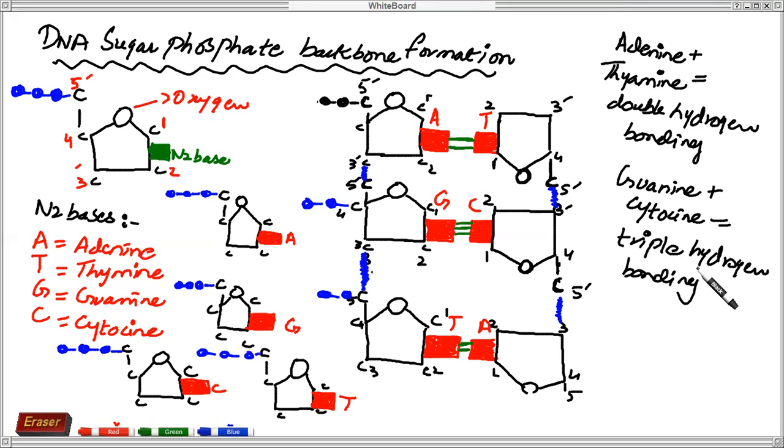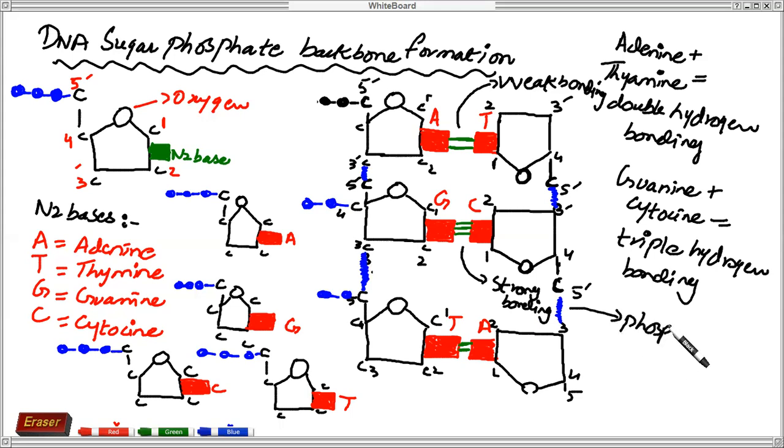Okay, यहाँ तक बात समझ में आई? As far as double hydrogen bonding is a weak bonding, and triple hydrogen bonding is the strong bonding as compared to double bond. Whereas phosphodiester bond is the strongest bond.